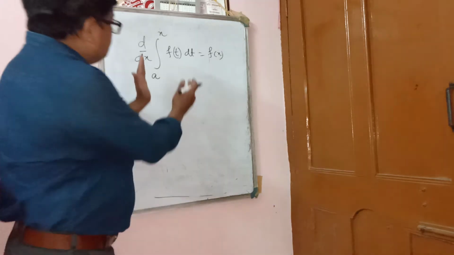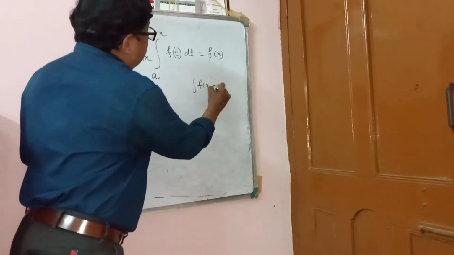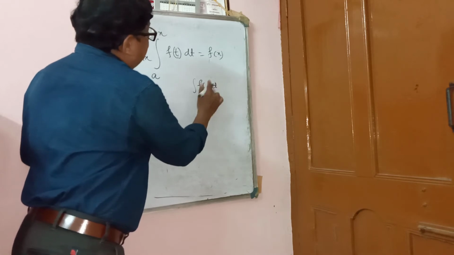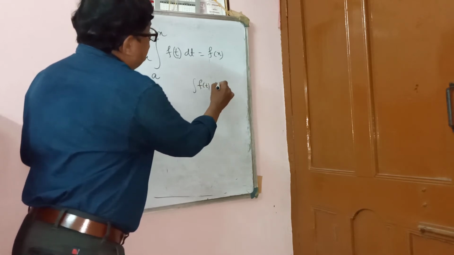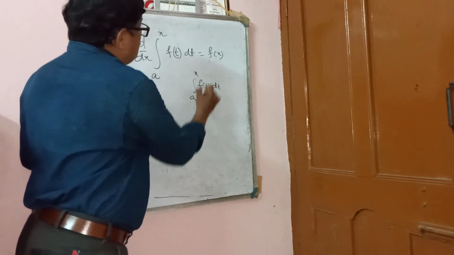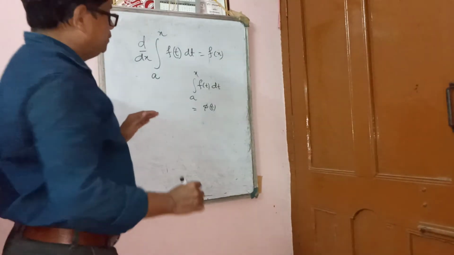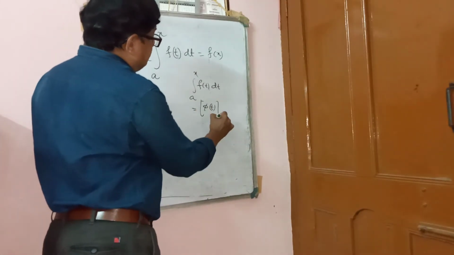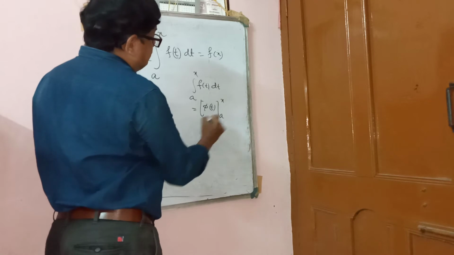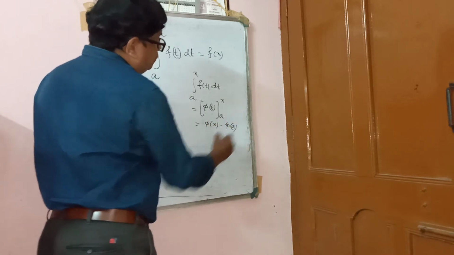Look here. Suppose the integral of f(t) dt from a to x is phi(t). So the limits a to x give phi(x) minus phi(a).